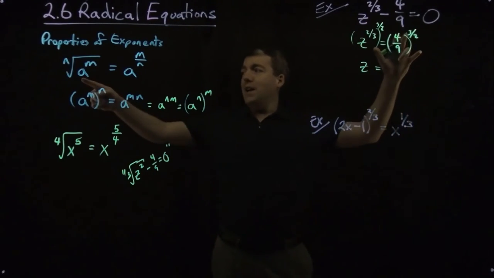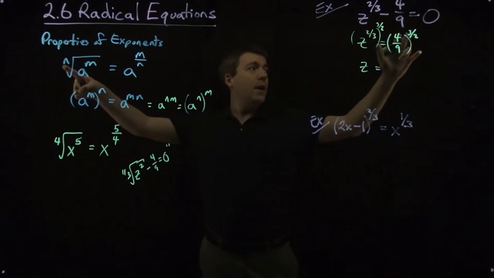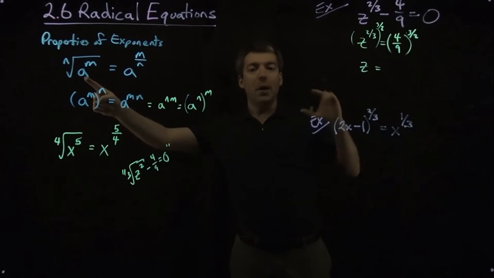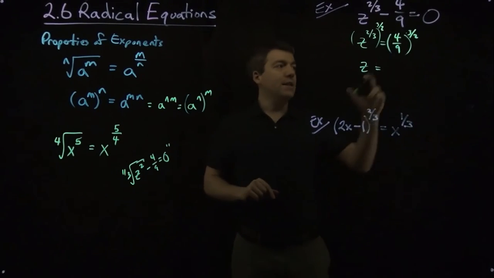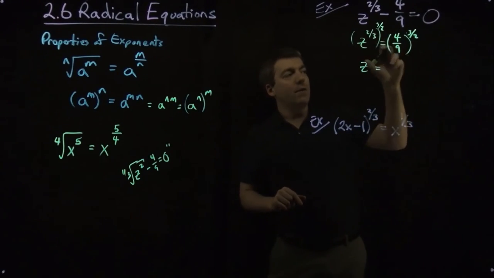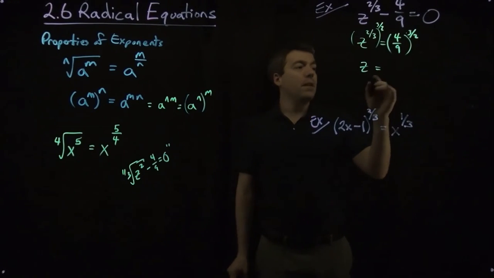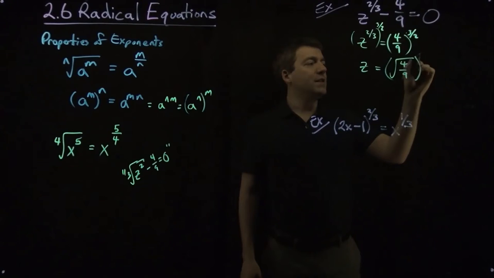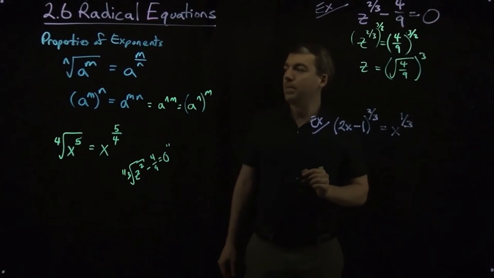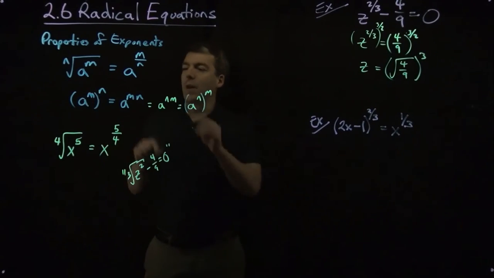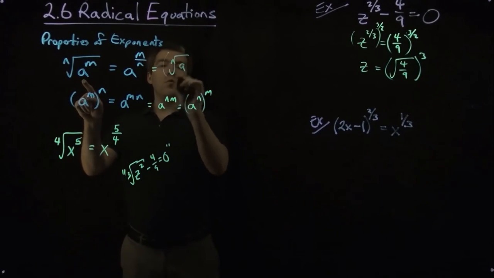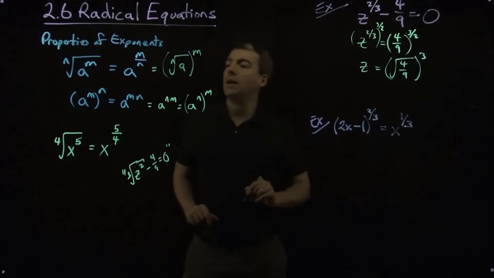We could write this as the cube root, or the square root of this thing, 4/9 to the third power, or we can write it as the square root of 4/9 raised to the third power, like this. So I guess another way we could write this is the nth root of a raised to the nth power.